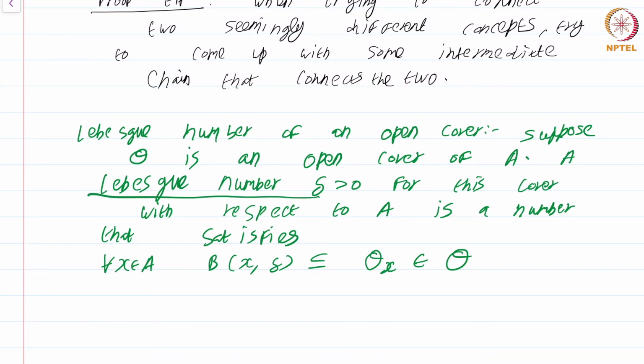If delta works, certainly delta by 2 will also work as a Lebesgue number. So will delta by 3, so will delta by 10,000. Right? So, a Lebesgue number for an open cover with respect to a set A is some sort of uniform estimate on how the collection O covers this set A.